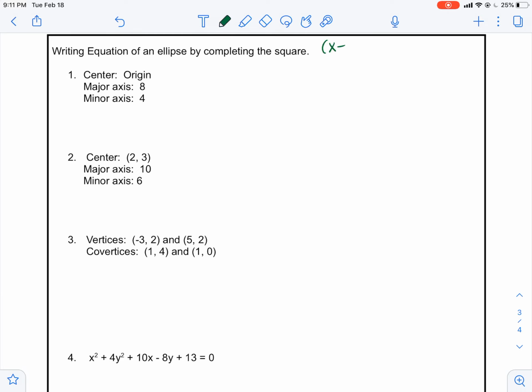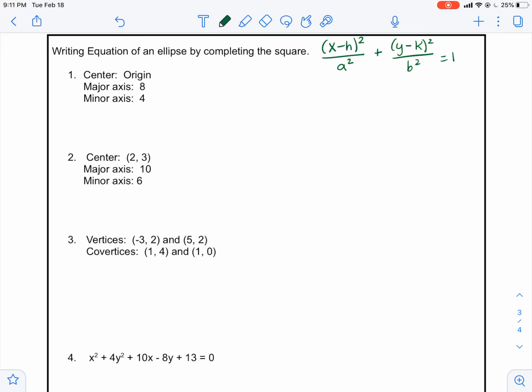Remember, it is (x minus h) squared over a squared plus (y minus k) squared over b squared equals 1.